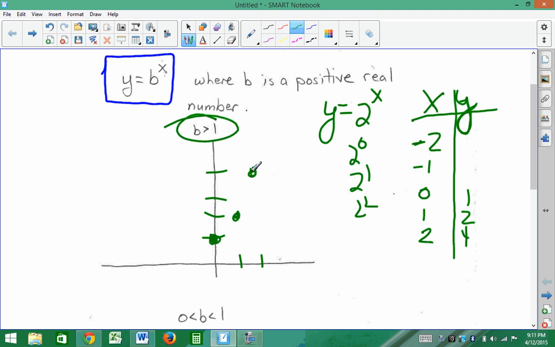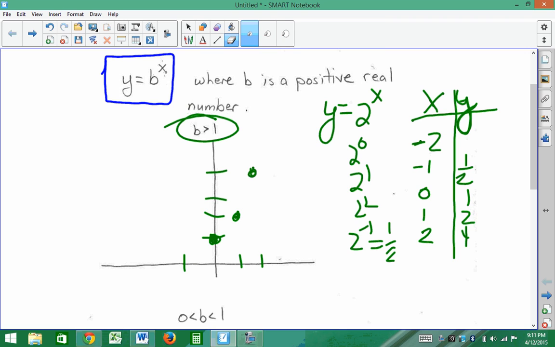If we go in the other direction, we plug in -1. That'd be 2 to the -1. Laws of exponents says we can move that to the bottom, so that becomes 1/2. So -1 is a half. That's a little bit too far.